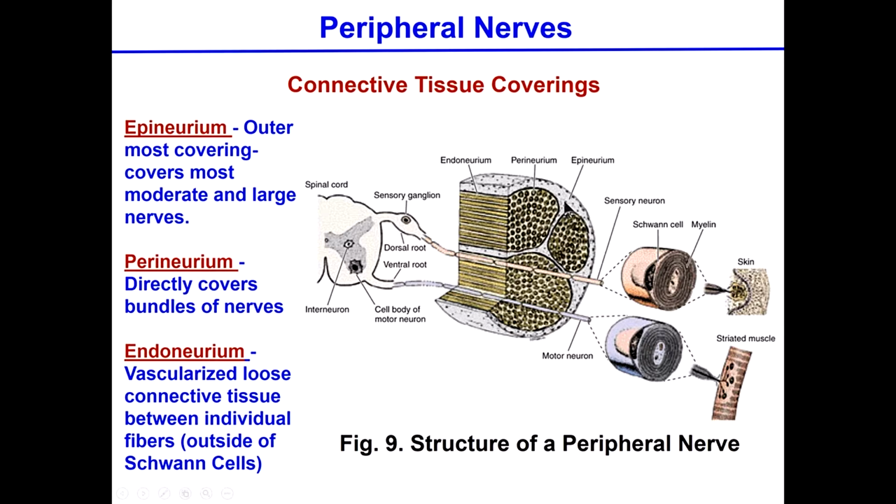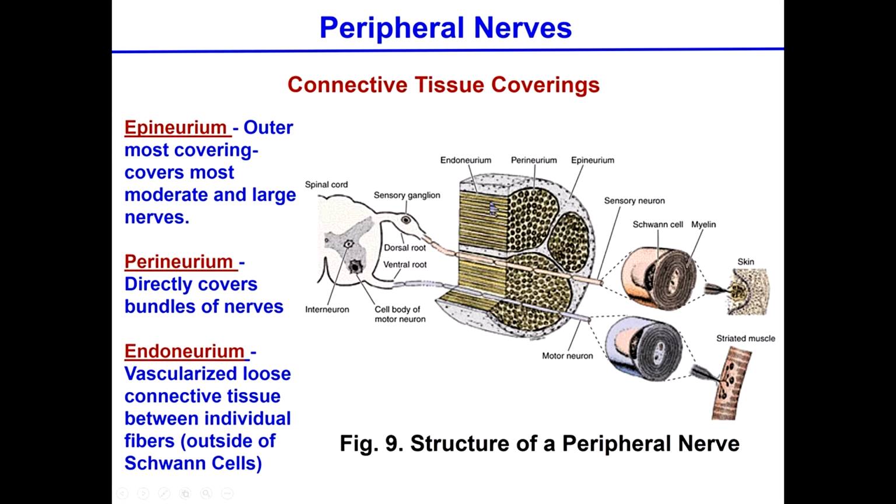Then within that nerve, we have bunches of nerve fibers. Each of them is covered by a second layer deeper than the epineurium, which is called the perineurium. So this portion here will be the perineurium, which is immediately underneath the epineurium.